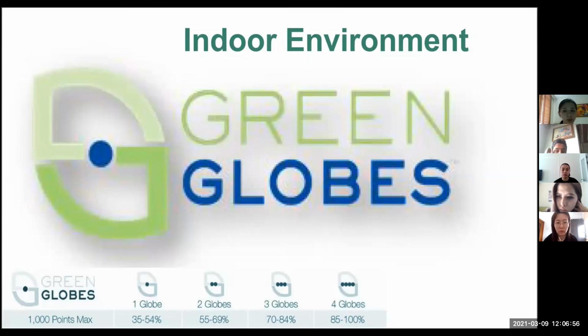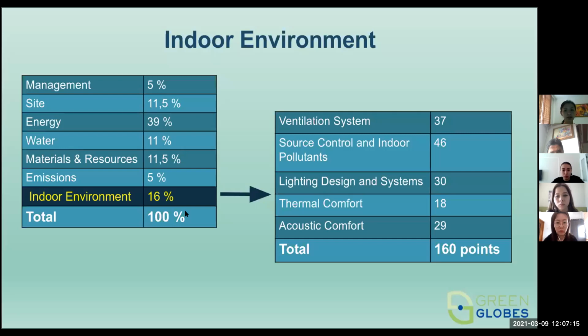was discussed in the previous workshop, but let me remind you, it consists of a maximum of 1000 points, and depending on the percentage of points you get, you will receive one of 4 certification levels. And next, indoor environment.